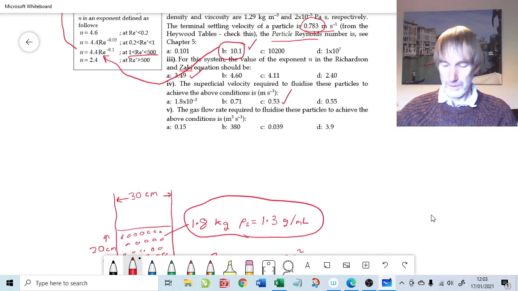Yeah, which is actually answer C, just here.